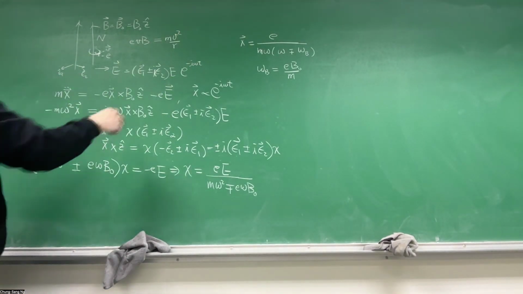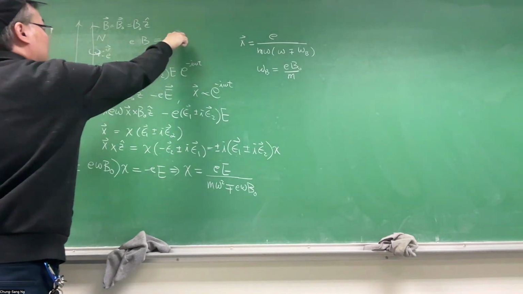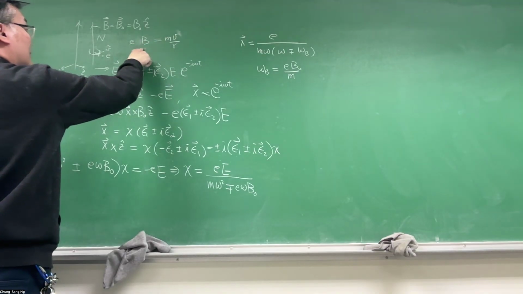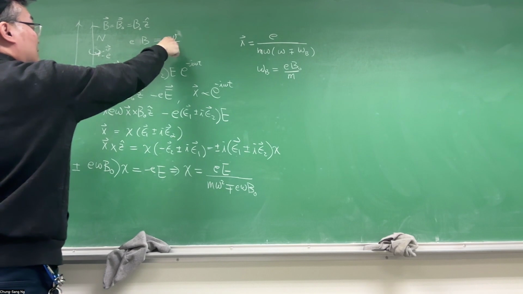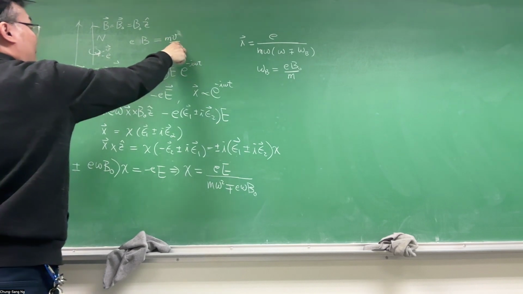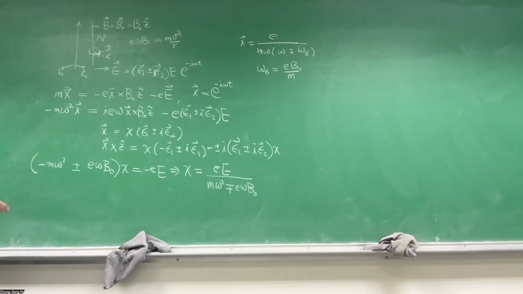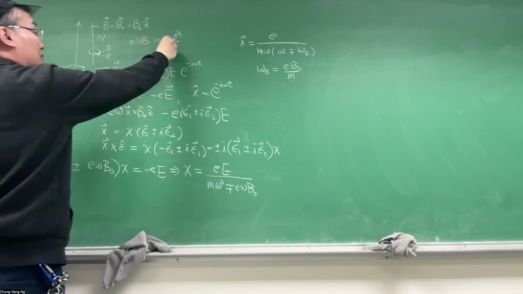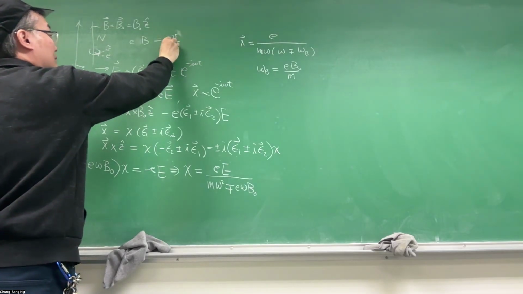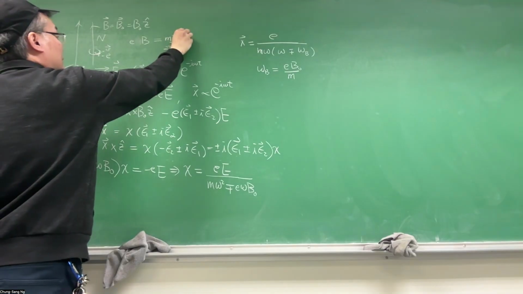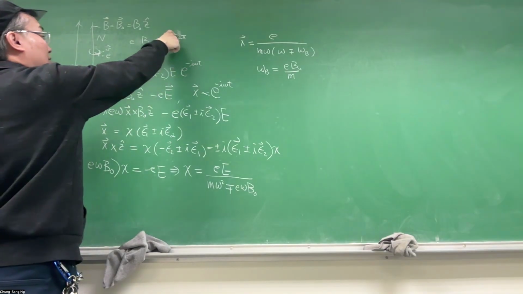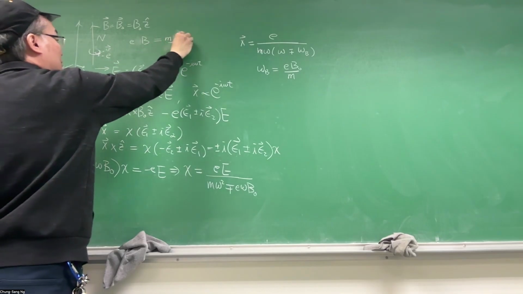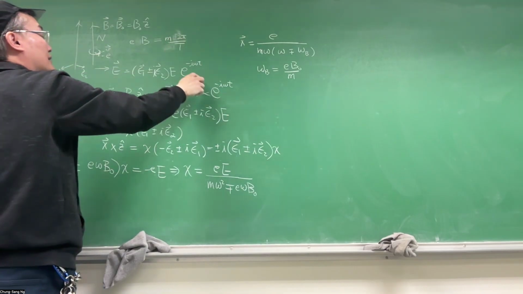And then you can solve for v obviously. Just cancel that, and move m to the other side. The most important thing is that you calculate the time it takes to go around. The time it takes to go around is the circumference divided by v, so 2 pi r is the circumference, divided by v is the time it takes. That's what is called the period, the cyclotron period.